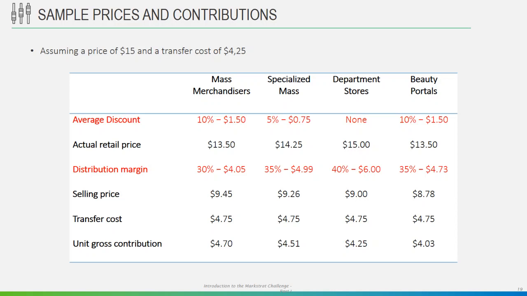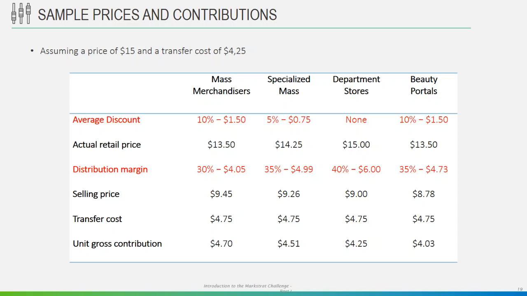Okay, so that gets you a retail price, and then those retailers take their margin. Okay, so mass merchandisers take 30%. Specialized mass retailers and beauty portals take 35%. Department stores take 40%. Okay, so you take the actual retail price, and then you take away from that the distributor's margin, and what's left is the selling price, and that's the selling price for you, the manufacturer.